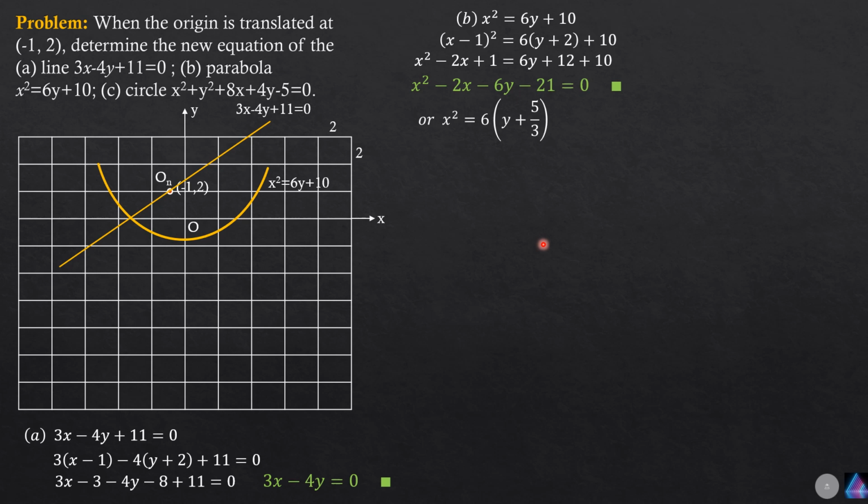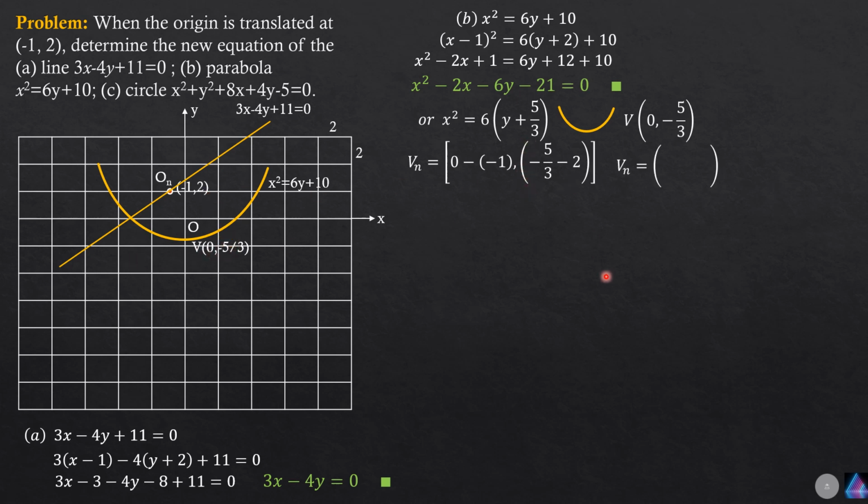With respect to the new origin, this point will have a new x-coordinate of 0 minus negative 1, so positive 1, and a new y-coordinate of negative 5/3 minus 2, which is negative 11/3. So the new vertex is at (1, -11/3).